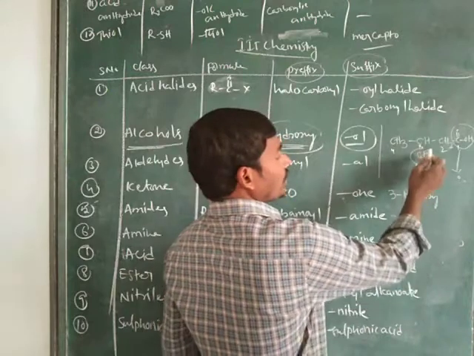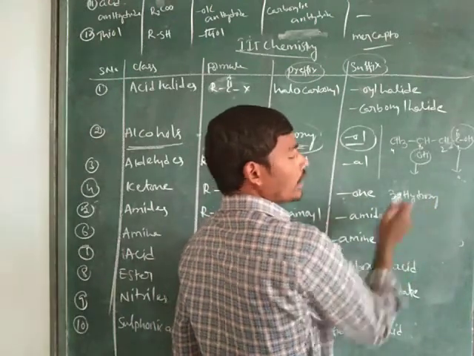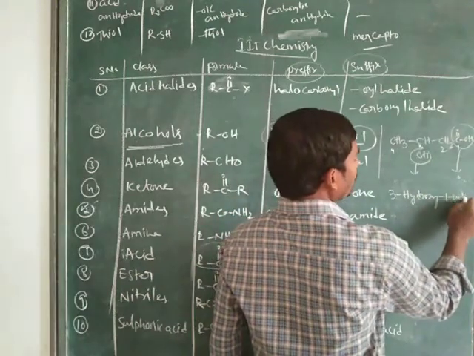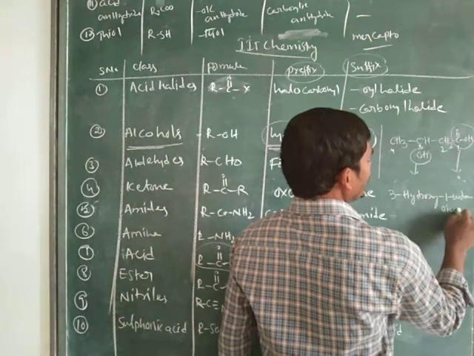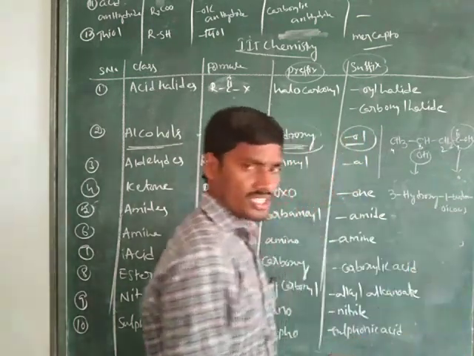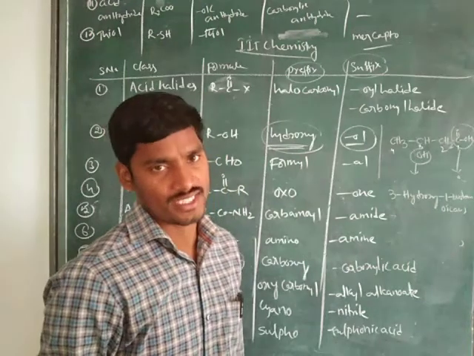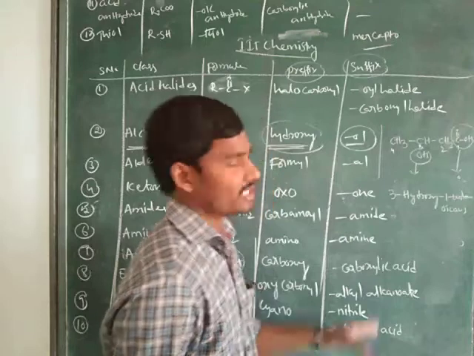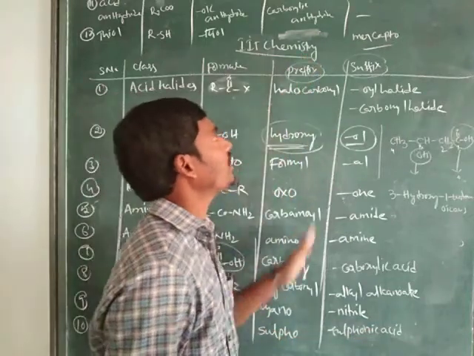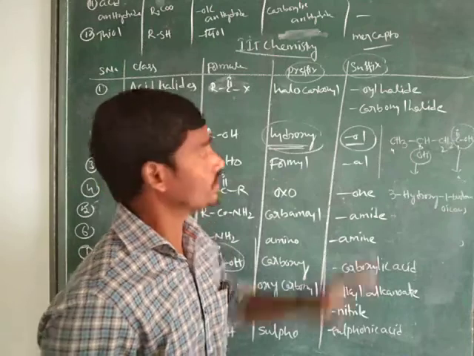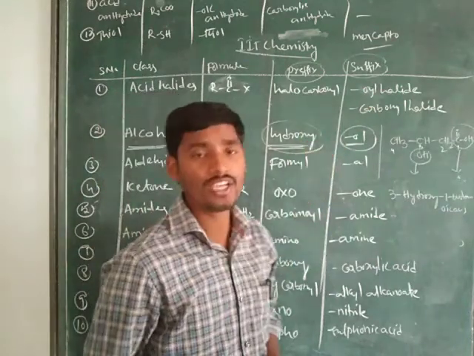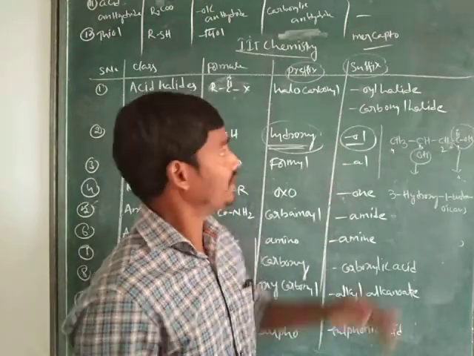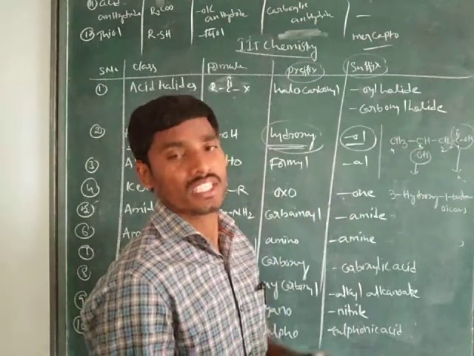Third position we have the alcohol functional group, 3-hydroxy, 1-butanoic acid, or 3-hydroxybutanoic acid. If it is the main functional group we take it as a suffix, and the secondary functional group we use as a prefix. So this is about what is meant by suffix and prefix. Suffix we use for the main functional group, and prefixes we use for secondary functional groups.